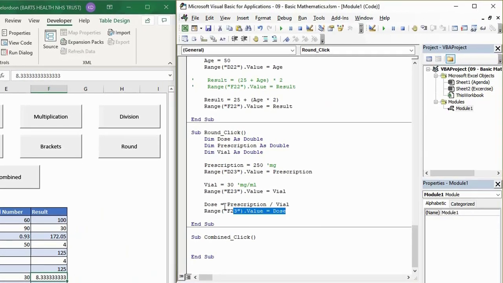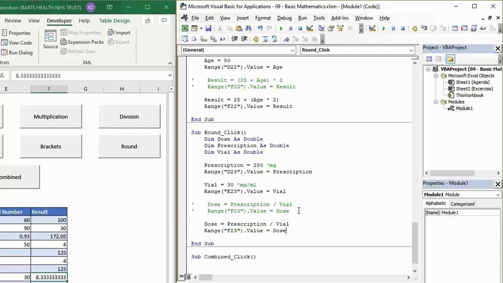Now let's see what rounding does for us. Let's copy this code, put it below, and this time, instead of outputting just the dose as it comes, let's round it. If you use the built-in Excel formula round and you open brackets, it asks you for a number, in which case we'll pass in our dose, which holds the result of our calculation of prescription divided by vial.